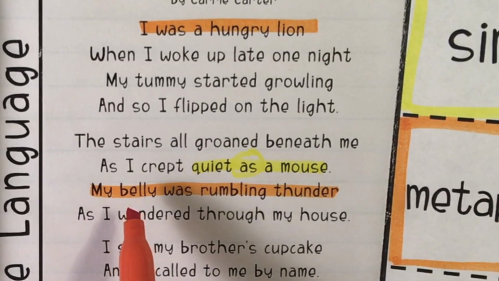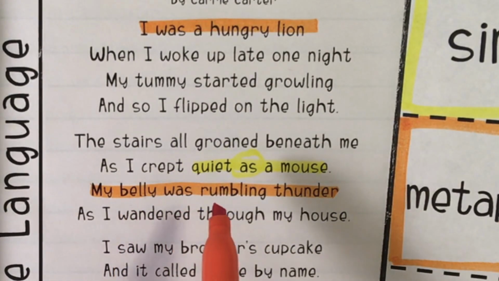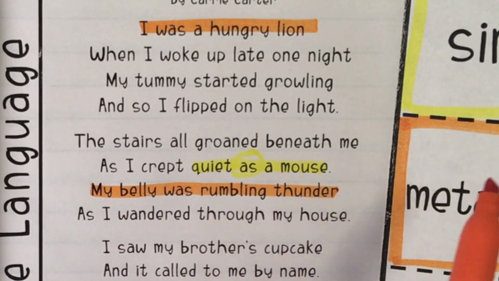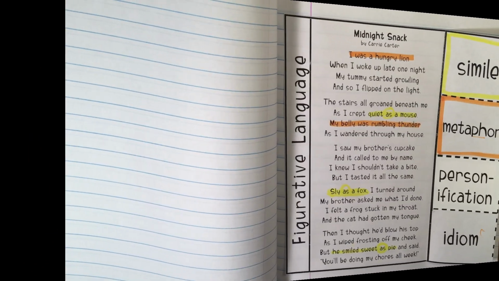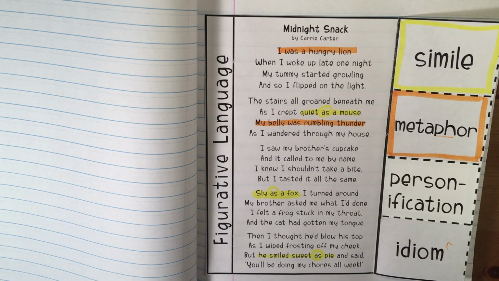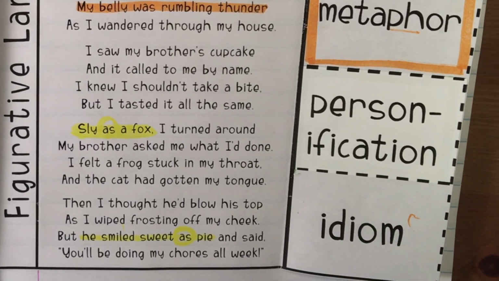Now, if I said my belly was as loud as thunder, that would be a simile. Because I would be comparing it with as, but I'm not. I'm saying it is thunder. So that's the difference in a metaphor. You say that one thing is something else, and my belly is not actually thunder. It's not possible.